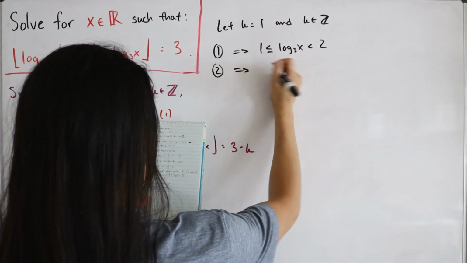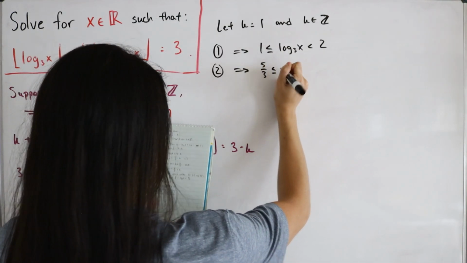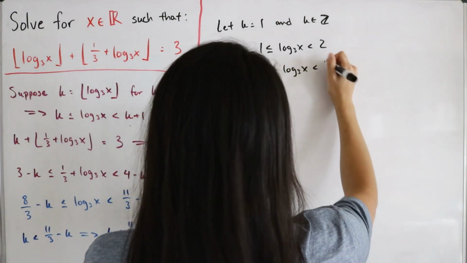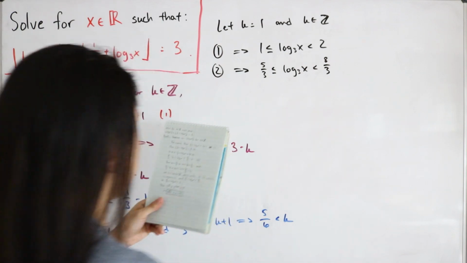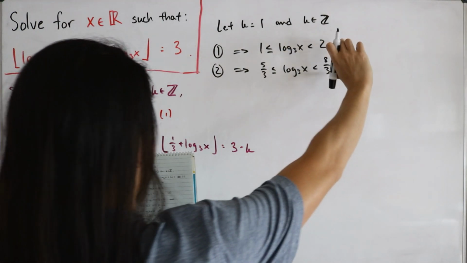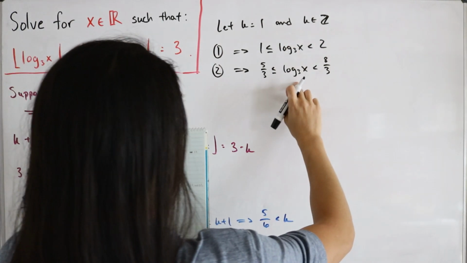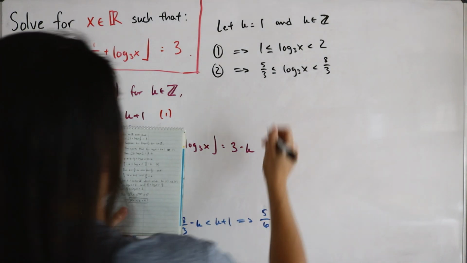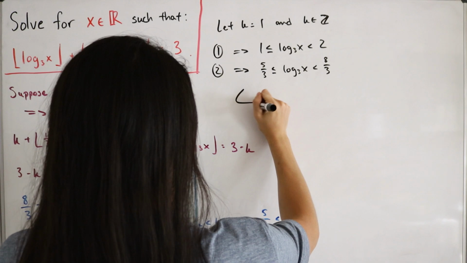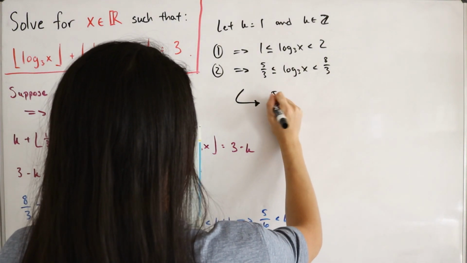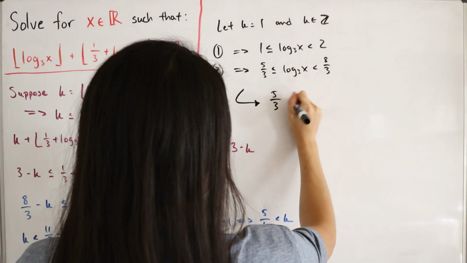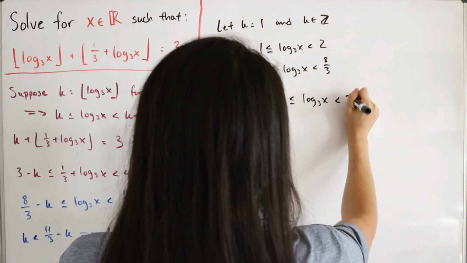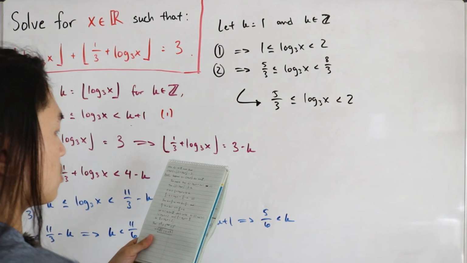We're going to have 5/3 is less than or equal to log base 3 of x, which is strictly less than 8/3. Now, if you combine these compound inequalities together into 1, since they're both comparing log base 3 of x, we can say the inequality is 5/3 is less than or equal to log base 3 of x, which is strictly less than 2. So it actually makes things a whole lot easier.